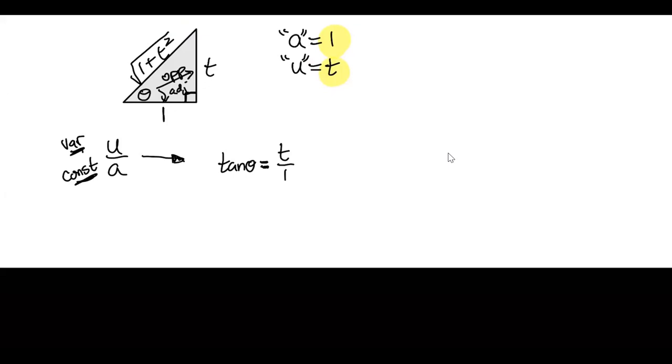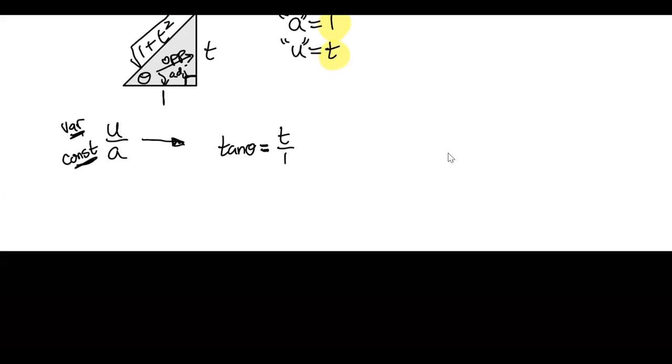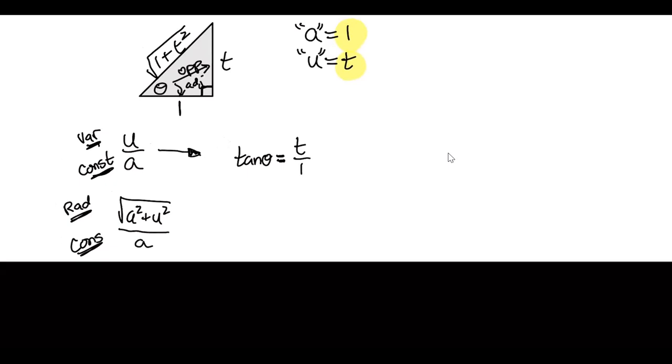All right. Then we're going to have another ratio that is the square root, based off of the model that I gave, a squared plus u squared over the a value. So that's the radical part divided by the constant. So if we're looking at it from the perspective of theta, we have the hypotenuse, but we also have the adjacent.